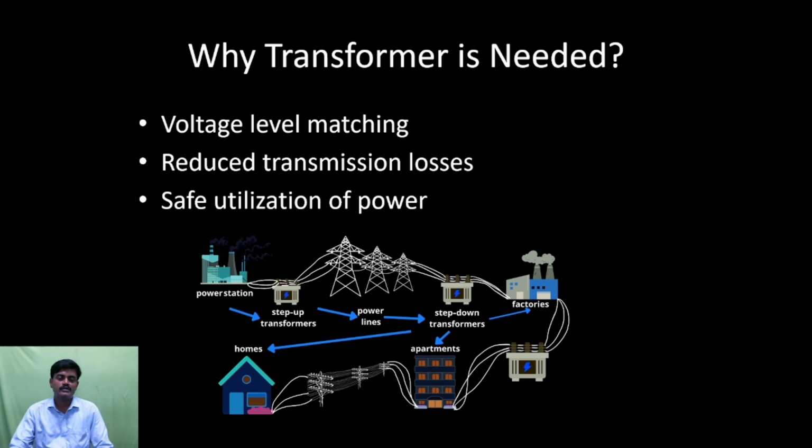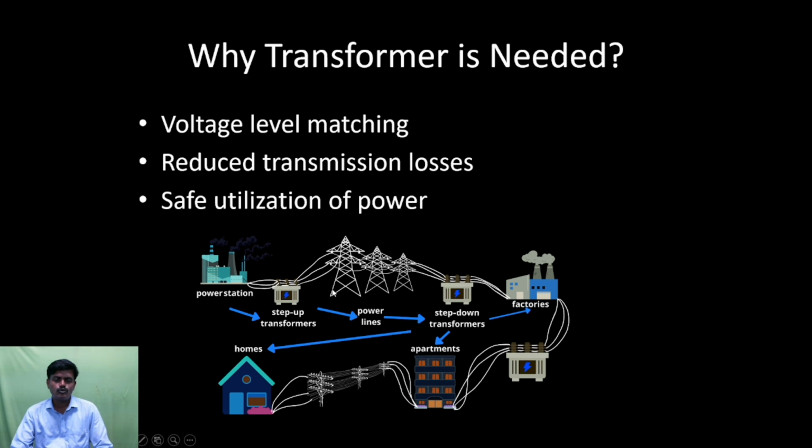Here is the simplest way of explaining transformer usage. We have the power generating station, and from it I use a step up transformer. If I am generating 230 volt AC, I convert it into some 11 kilovolts.